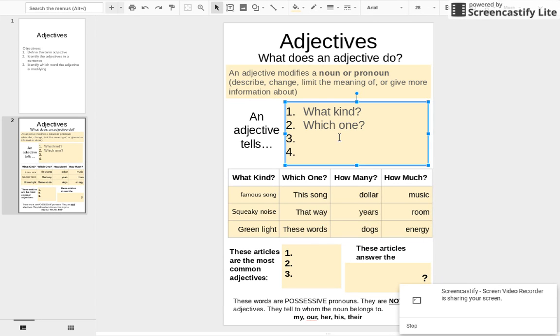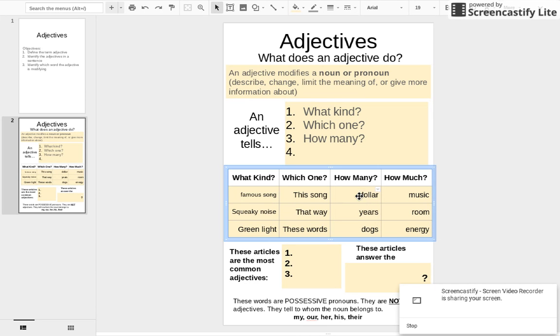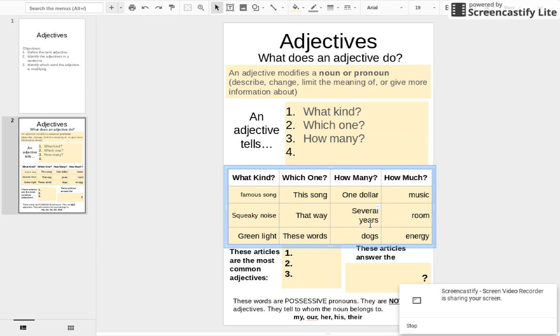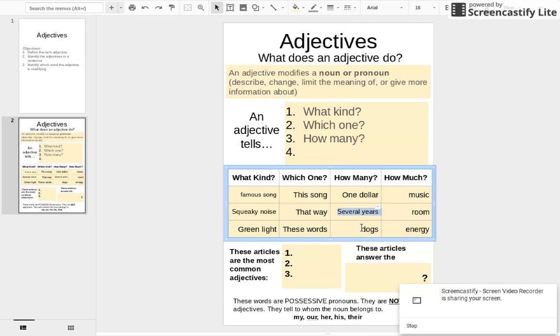Okay. An adjective could also tell us how many of a noun we have. For example, how many dollars do you have? Well, not very many. I just have $1 today. How many years has it been since you've seen each other? It has been several years. And how many dogs are in the dog park today?